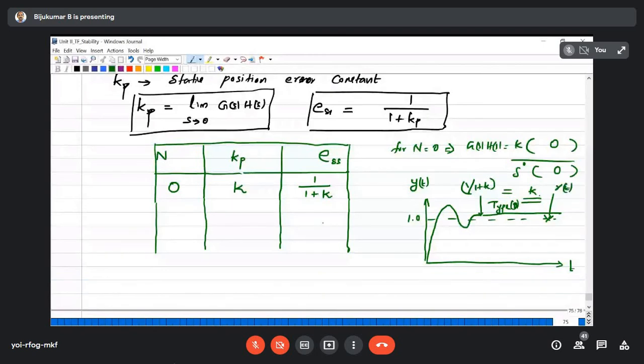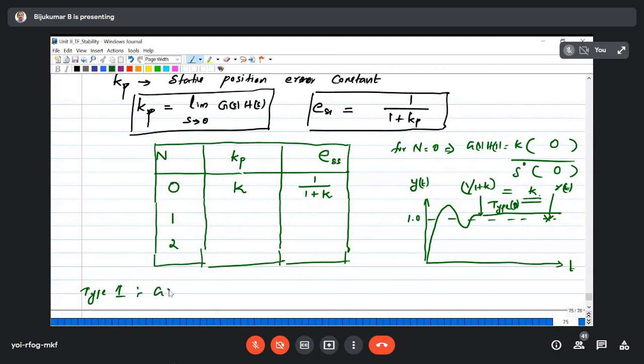Hope everyone understood the concept. Now what you can do is calculate the steady state error for the type 1 system, and type 2. So for a type 1 system, G(s)H(s) becomes k multiplied by some s time polynomial, and the denominator becomes s raised to 1, and inside some s time, right?